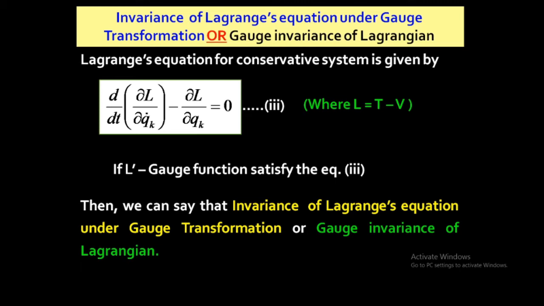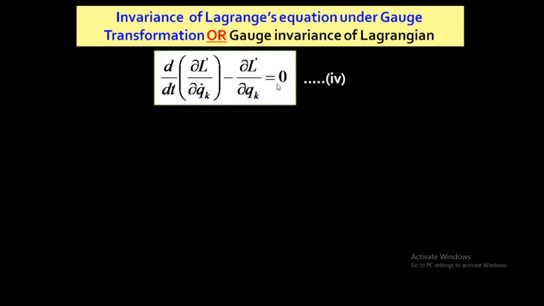Put L dash in place of L in equation number 3. After putting L dash, if I get 0, then I can say that L dash satisfies Lagrange's equation, and that Lagrange's equation is invariant under gauge transformation.